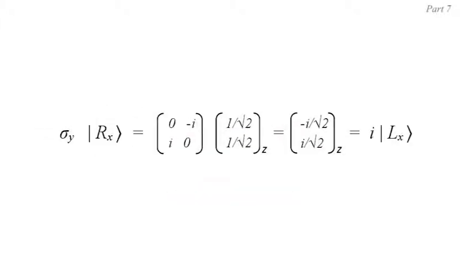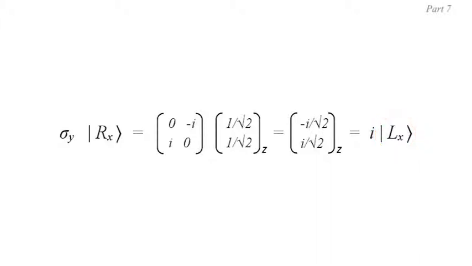Here's the proof. Sigma y acting on the right state of the x direction, when you go through the multiplication of the matrix and vector, gives this, which is really I times the left state vector. So it has indeed flipped the right state to the left state, and in this case multiplied it by I.